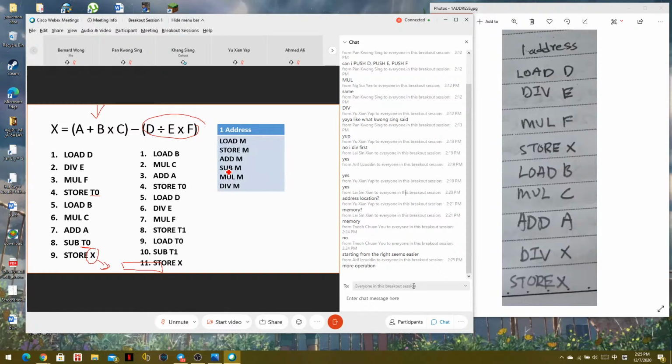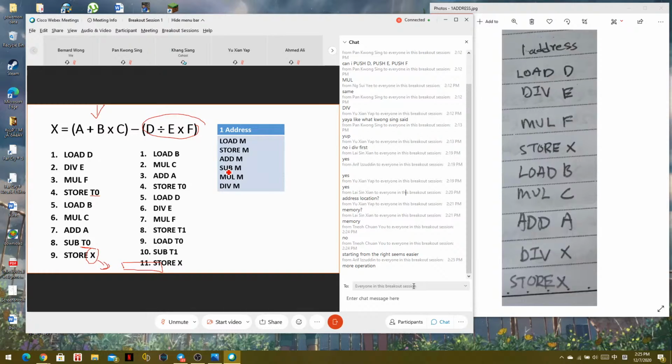Yes, correct. More operations. More operations means that it's not efficient, more steps, so it will be less effective. Yep, correct.